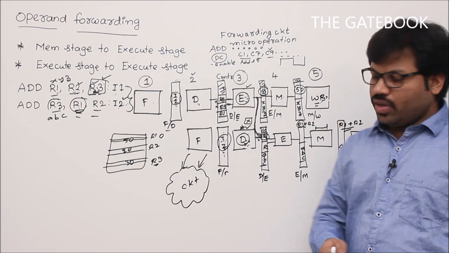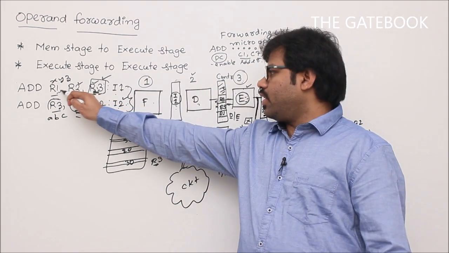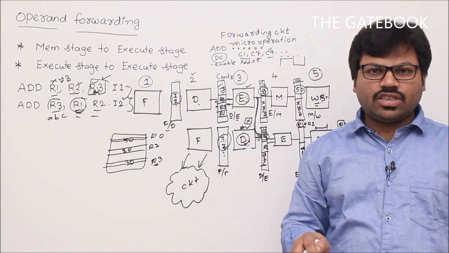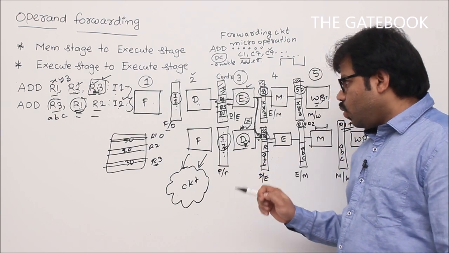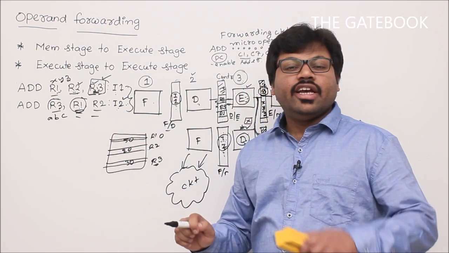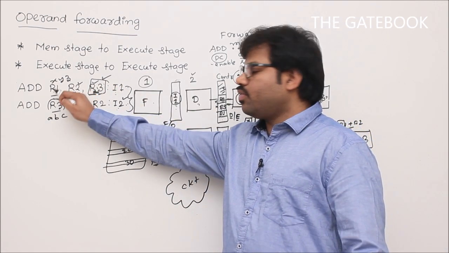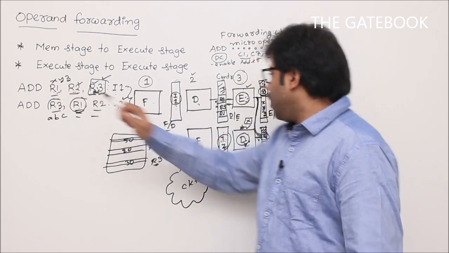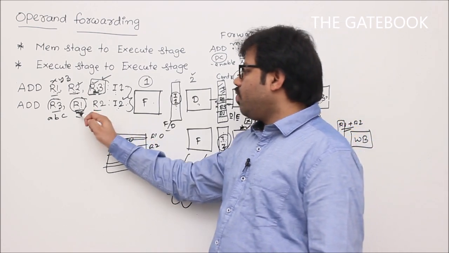At the third clock cycle, I am taking the identifiers of instruction 1 and the identifiers of instruction 2. Especially interesting are the destination of the first instruction, that means the destination of this buffer, and the sources of this buffer.